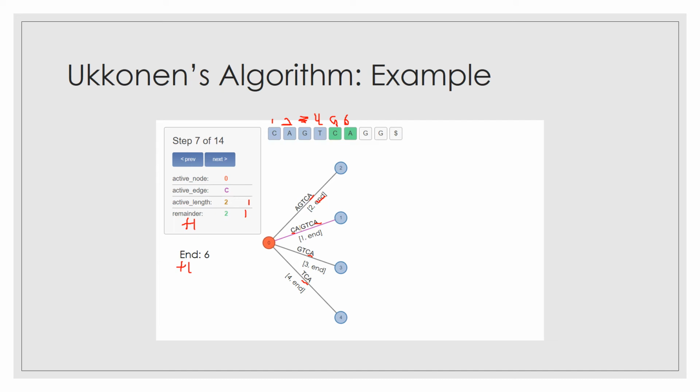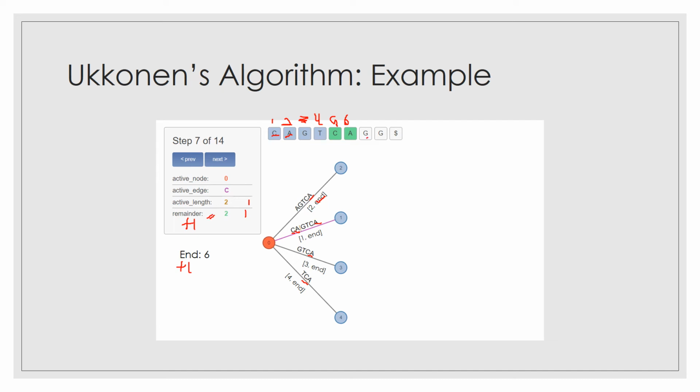It can. So it goes into the second one, so the length goes up by 1, because the next character is A. Yes, it is. Since we didn't add any new leaves, the remainder stays 2.